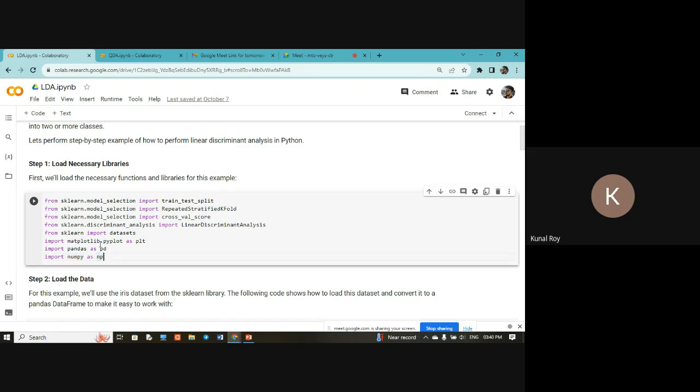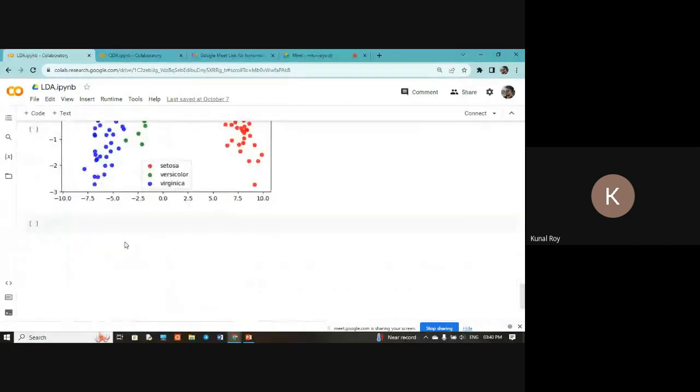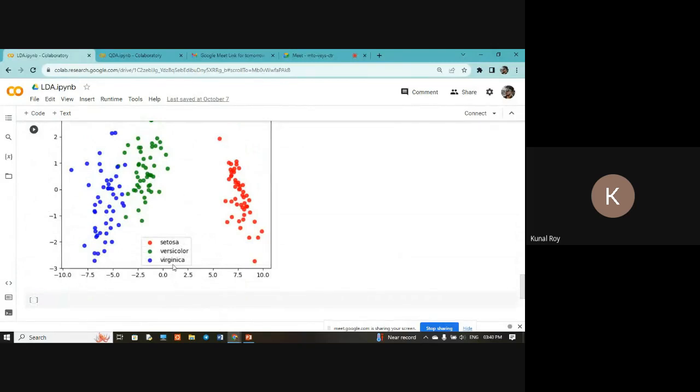Four libraries are used, and we will build a model which will tell us whether this plant is a setosa, a versicolor, or a virginica plant.